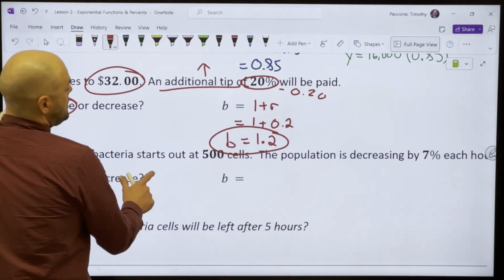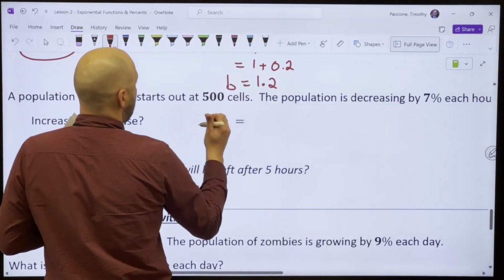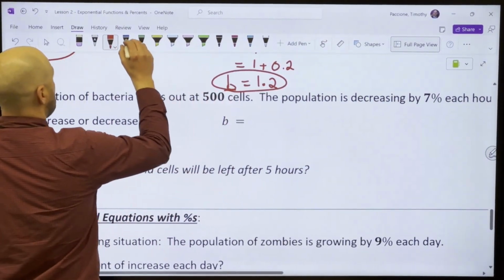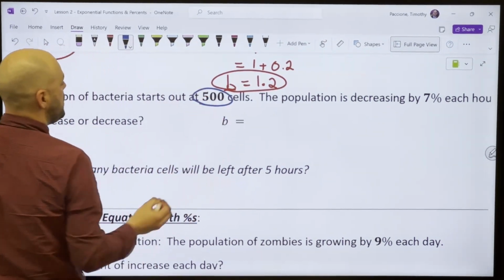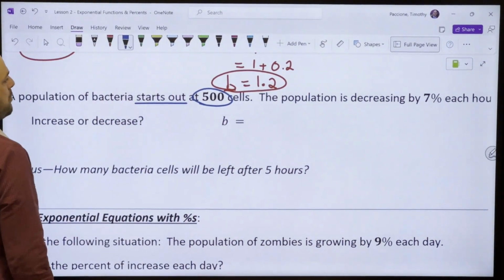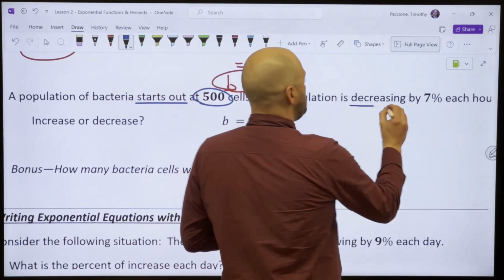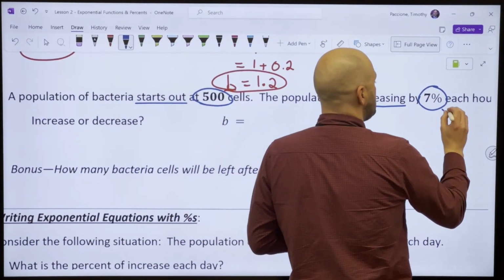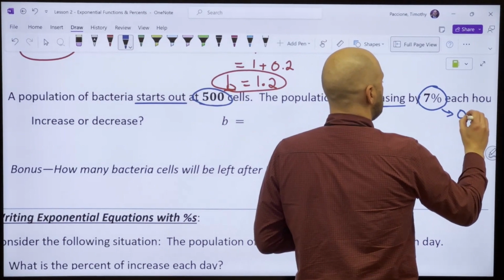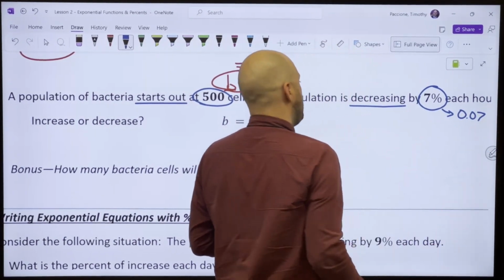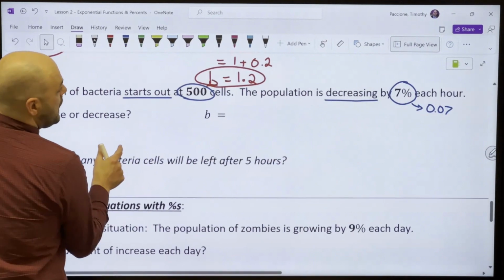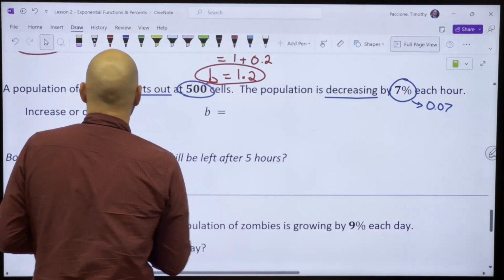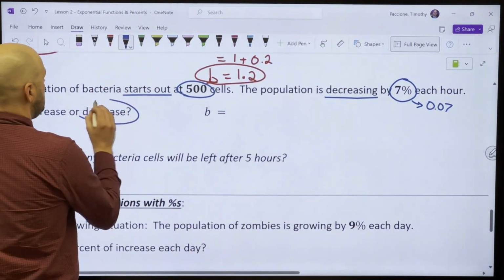All right, next one. You got a population of bacteria. And there are 500 of them. It starts out, so that's your starting point. The population is decreasing. It tells you, real nice with them, by 7%, which is what as an R? 0.07. Okay, each hour. Okay, so increase or decrease? Well, it said decrease.